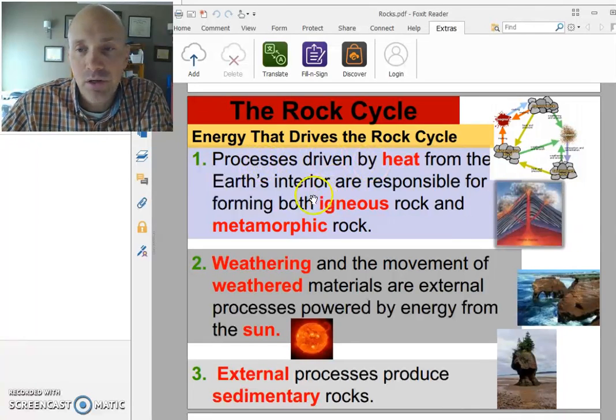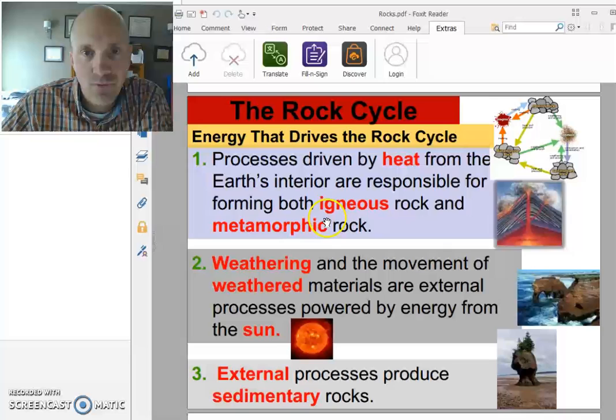For igneous and metamorphic rocks, the energy comes from the Earth's interior. Although it might not feel like it when you're on the surface of the Earth, the inside of the Earth is actually very hot, and a lot of these rocks are formed deep below the surface that we live on. So that's where the energy comes from for those types of rocks.